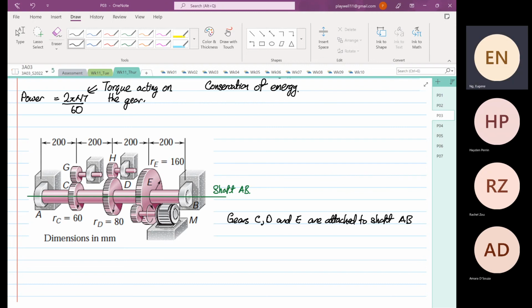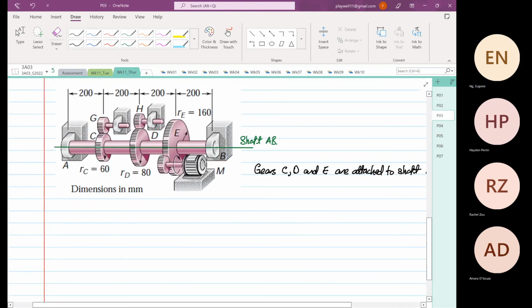So from here we can now determine our torque, right? We can determine our torque at gear C, the torque at gear D, and the torque at gear E. Okay, so we can do that calculation. So let me look at the torque at gear C. So we can start the calculation now.